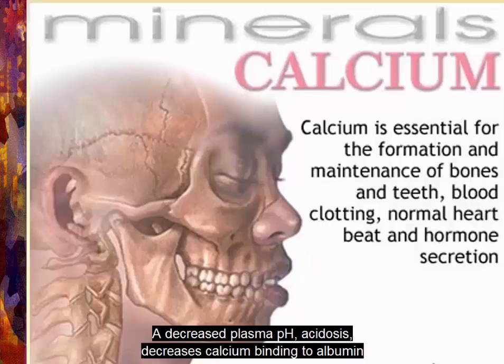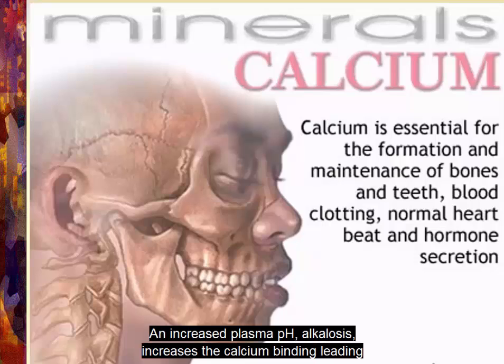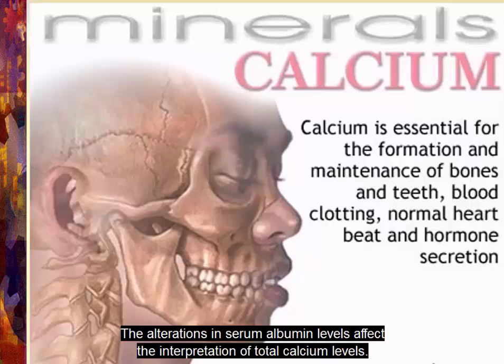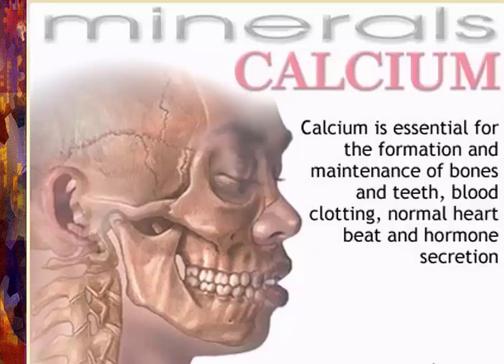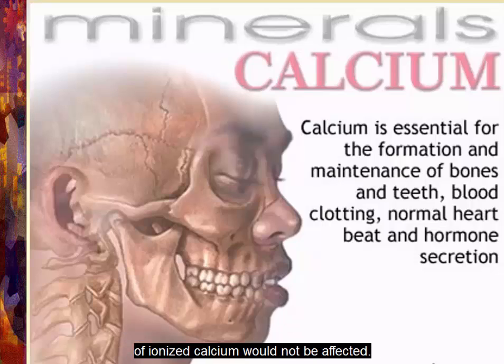Changes in serum pH will alter the level of ionized calcium without altering the total calcium level. A decreased plasma pH, acidosis, decreases calcium binding to albumin, which leads to more ionized calcium. An increased plasma pH, alkalosis, increases the calcium binding, leading to a decreased ionized calcium. The alterations in serum albumin levels affect the interpretation of total calcium levels, so a low albumin level would result in a drop in the total calcium level, although the level of ionized calcium would not be affected.